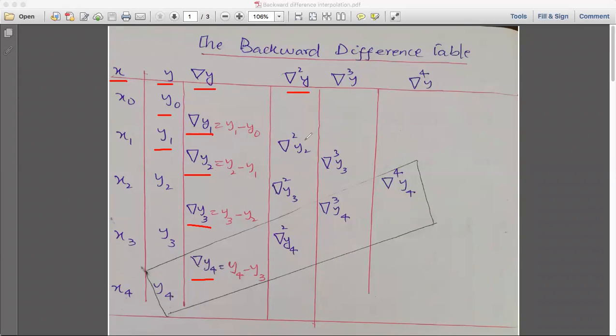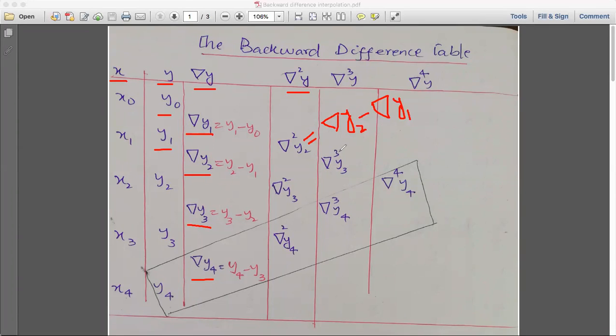The same, this will be equal to inverted delta y2 minus inverted delta y1. Clear? Similarly, we can find inverted delta square y3, and inverted delta square y4. Clear? And what is next?